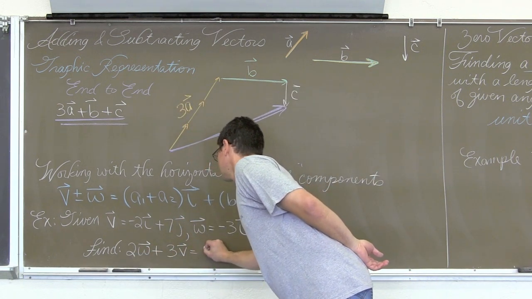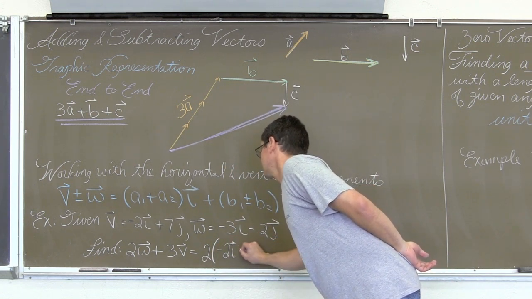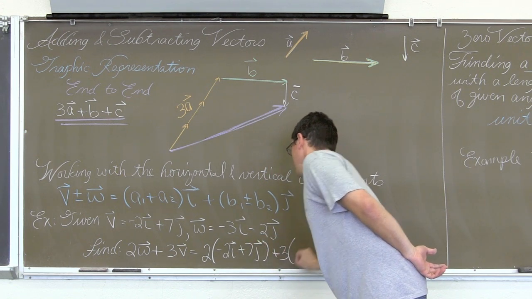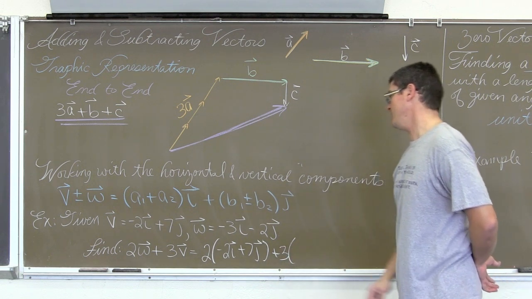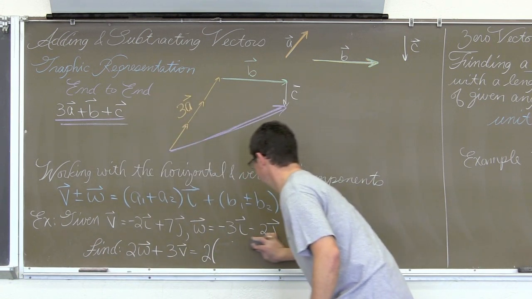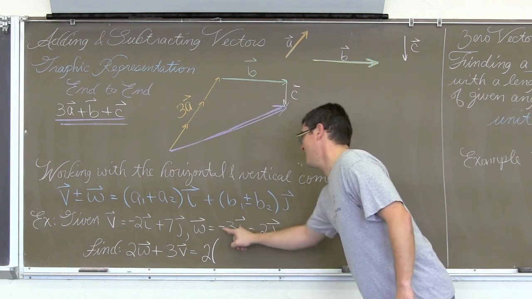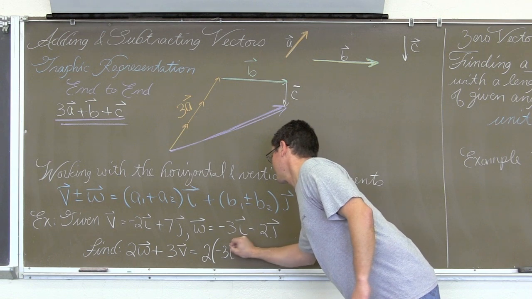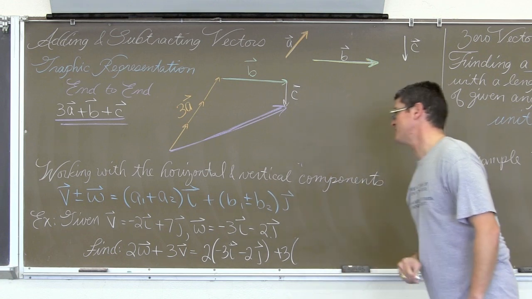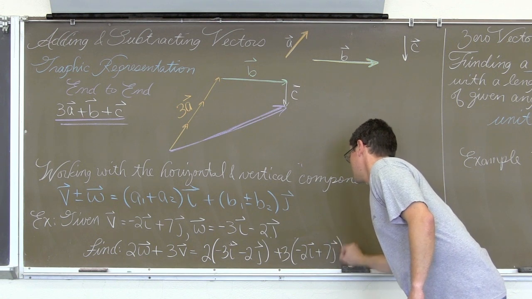Oh, I just got that backwards, didn't I? Let's try that again. 2 times vector w, negative 3i minus 2j, plus 3 times v, so 3 times negative 2i plus 7j.